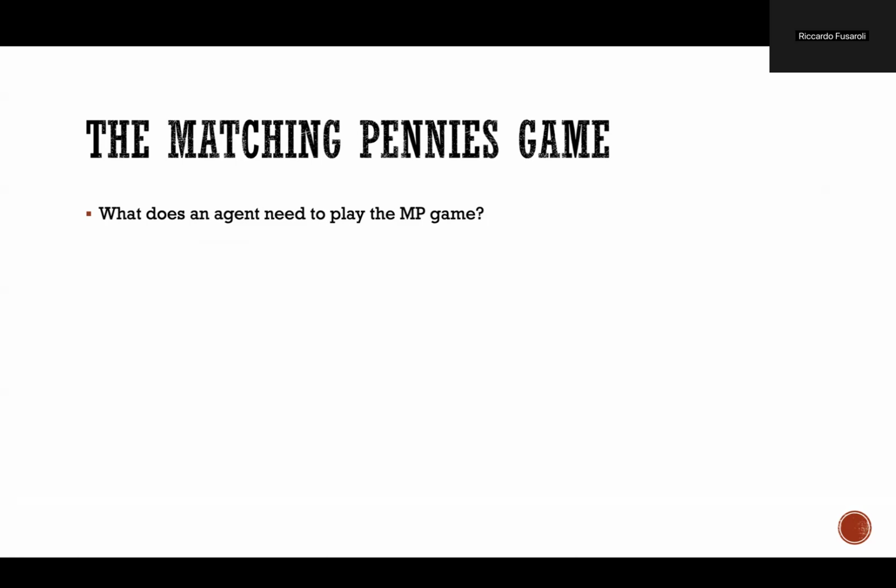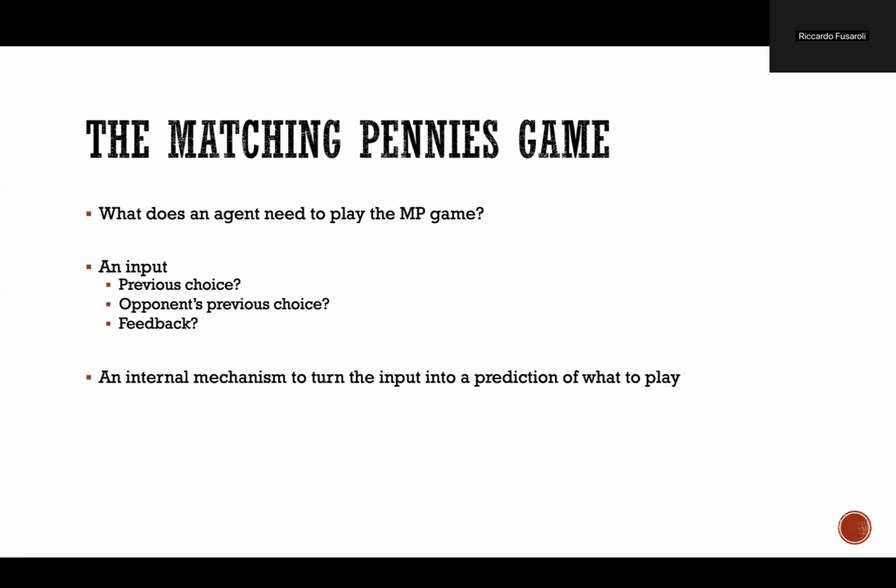Right answer. Yes. So we need an input: previous choice, the opponent's previous choice, and the feedback. This information is kind of redundant, right? So we might actually boil it down to one of those two things, for instance.